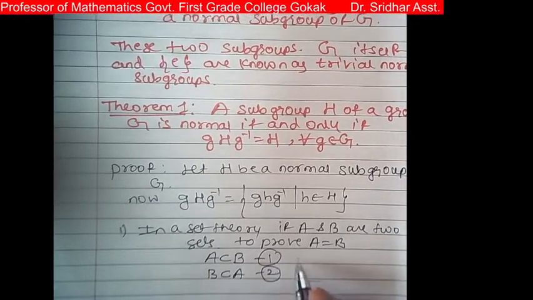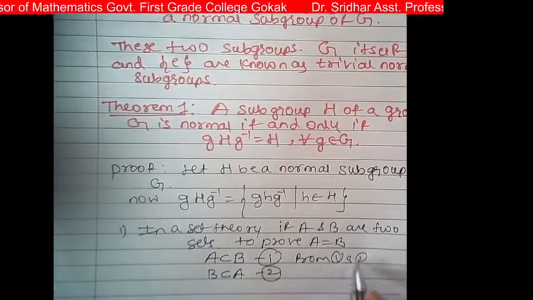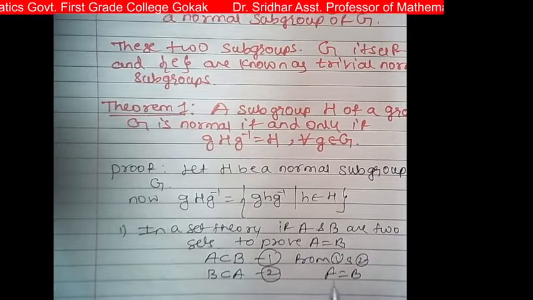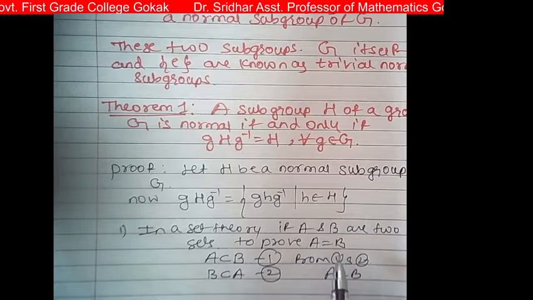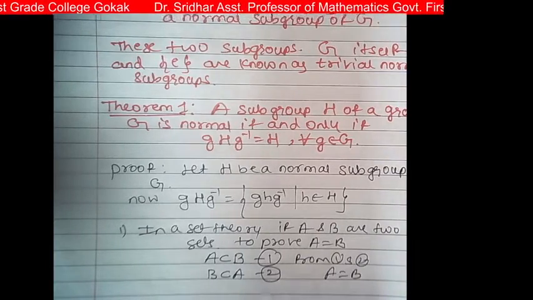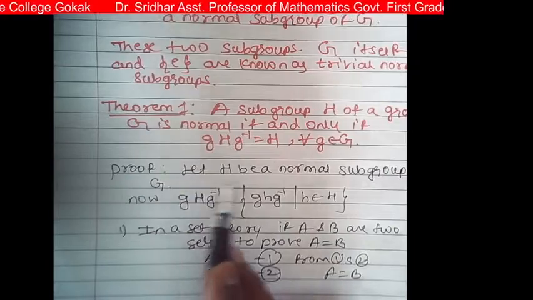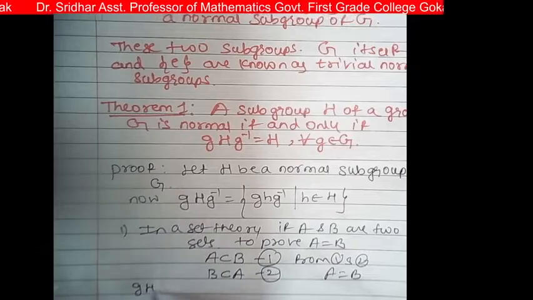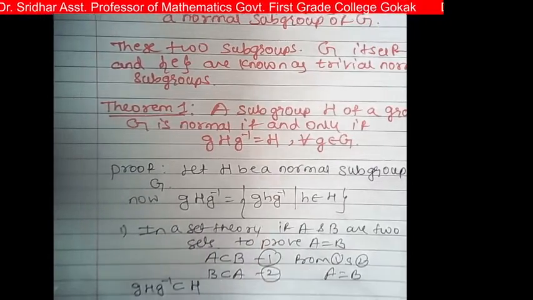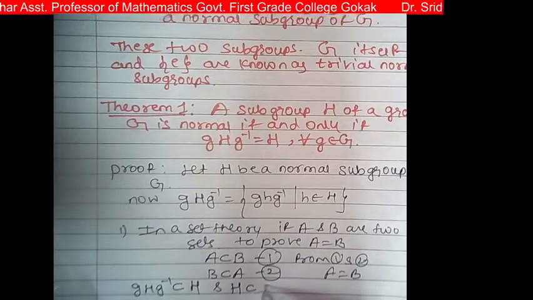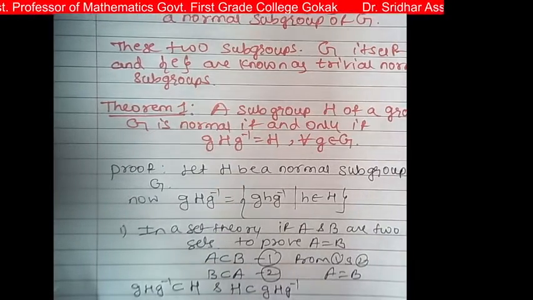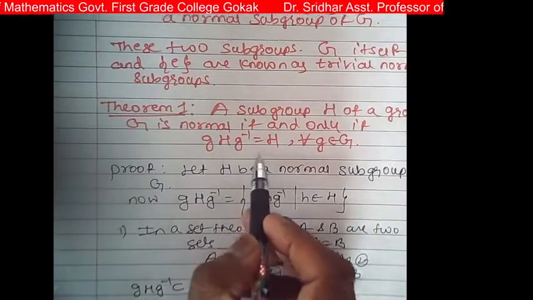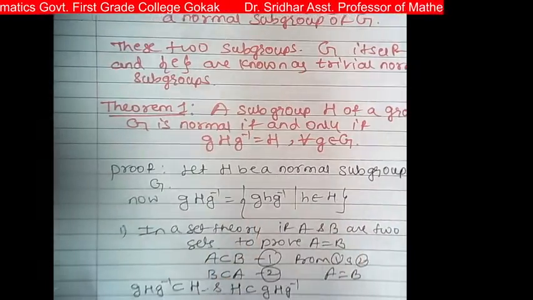Then from 1 and 2, A is equal to B. This is the way of proving the set A is equal to the set B in set theory. In the same way we show that GHG inverse is a subset of H and H is a subset of GHG inverse. From 1 and 2, GHG inverse is equal to H.